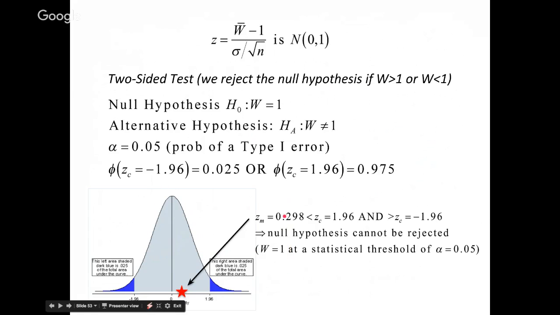And so we again compare our measured z statistic to the critical values greater than 1.96 or less than minus 1.96. And we find that it still falls within the acceptance range of the null hypothesis. And so we conclude that the null hypothesis cannot be rejected for this two-tailed test either, and that W equals 1 at a statistical threshold of alpha equal to 0.05.